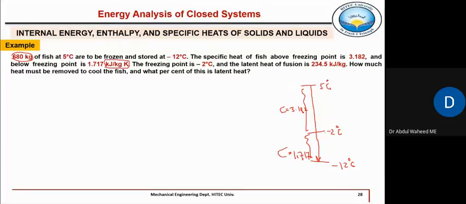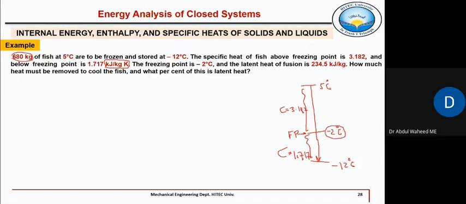The freezing point is minus 2 degrees Celsius. So this is freezing point, FP. And the latent heat of fusion. Because during freezing, the amount of heat which is taken out at minus 2 degrees Celsius, when temperature will not be changing, only phase will be changing.